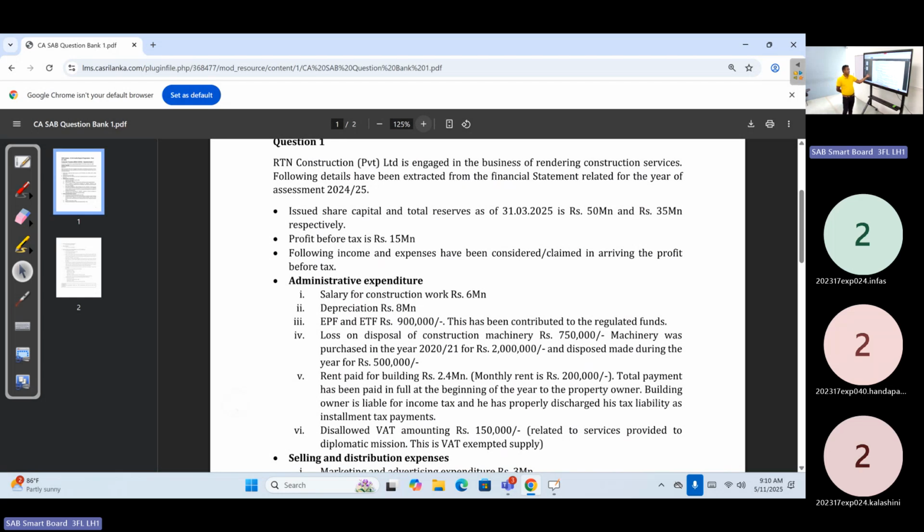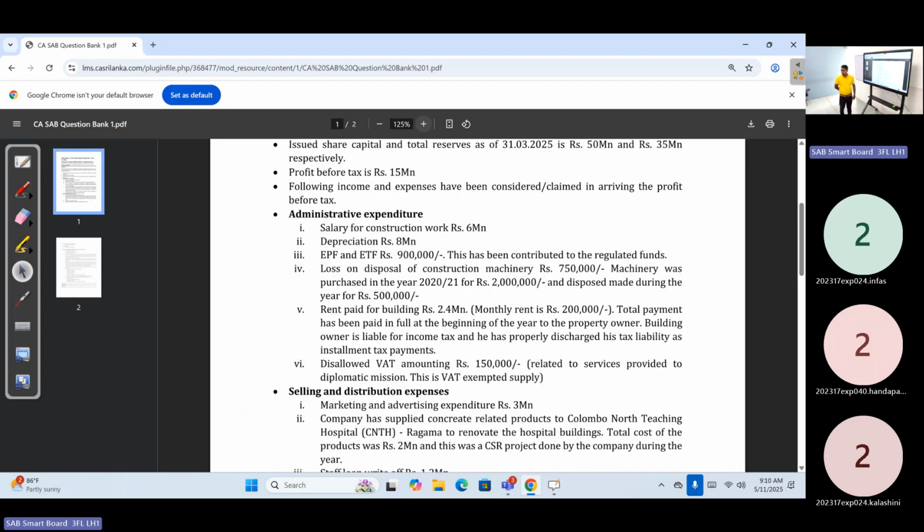Right? Salary for construction work, that is expenditure, 6 million. Depreciation, 8 million. EPF and ETF, 900,000. Loss on disposal of construction machinery, that is an accounting item, so we need to consider what the tax impact on that is.